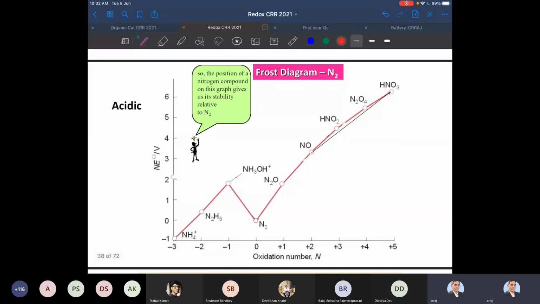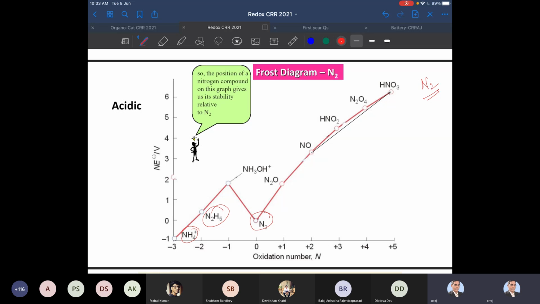Now look here. This is the nitrogen Frost diagram in acidic solution. You can see all possible oxidation states, all possible nitrogen species, and their chemistry in a single diagram. You have NH4 plus here, then N2H5 plus, nitrogen, and so on.